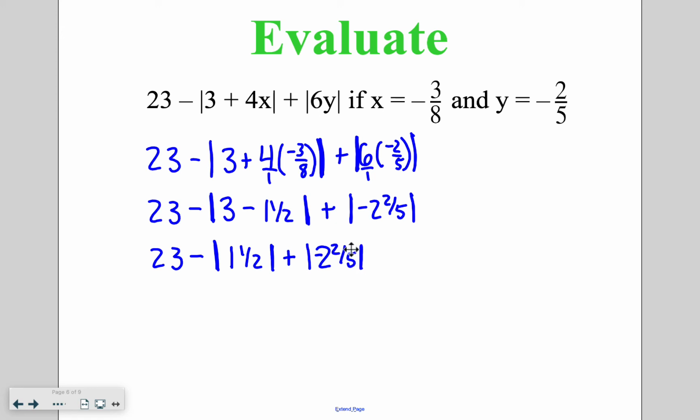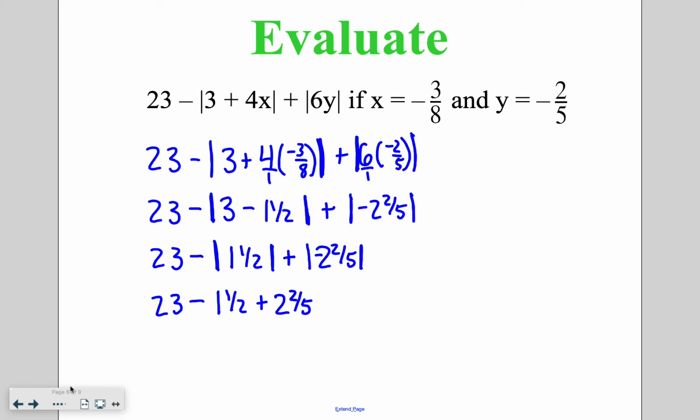Now, since we've solved everything inside of the absolute value, we want to actually take our absolute value. So I've got -1 1/2 is 1 1/2 spaces from 0, so I'm going to leave it as 1 1/2, plus -2 2/5 is 2 2/5 spaces from 0, so I'm going to turn that into +2 2/5.